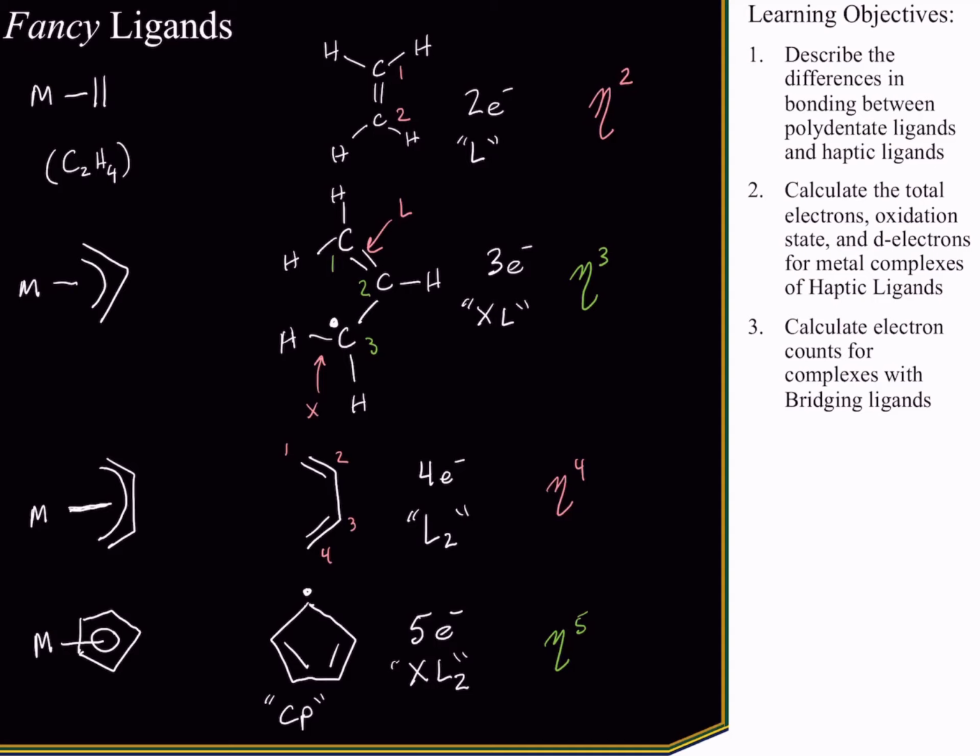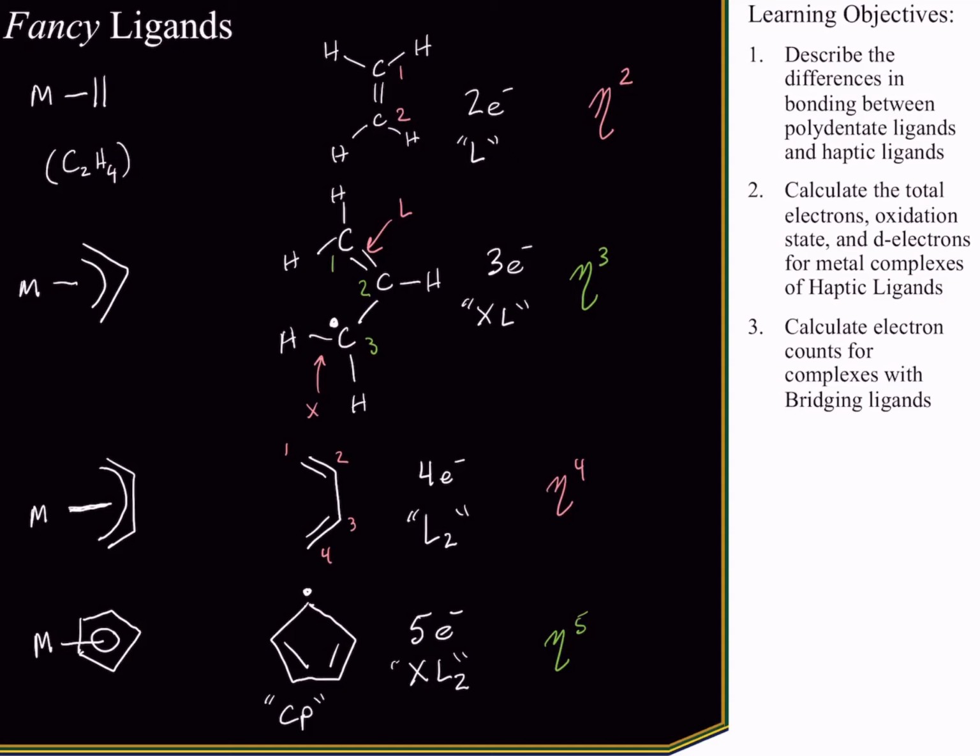So we have these haptic ligands where the metal is bound to multiple atoms in a row. And this is different than a polydentate ligand where a single ligand had multiple binding sites, but weren't necessarily bound in a row.